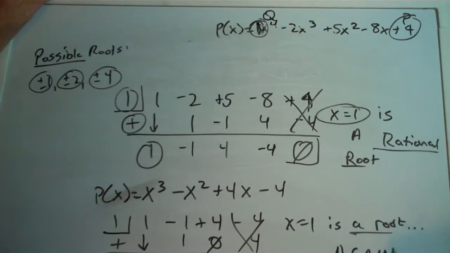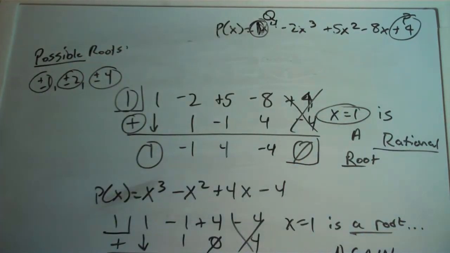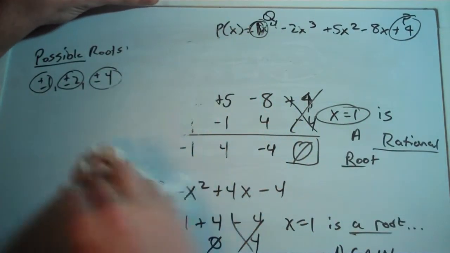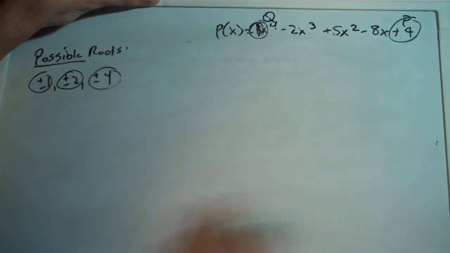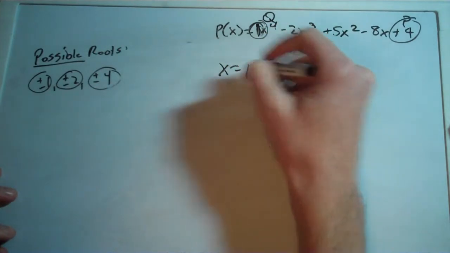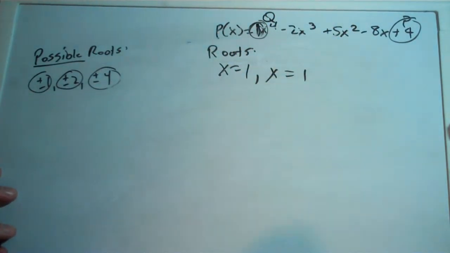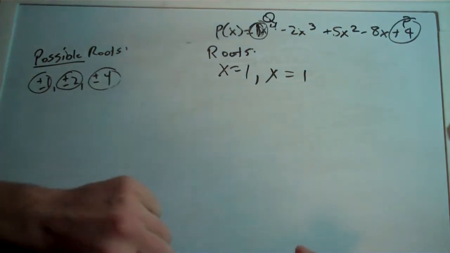Again. So there are 2 roots of x equals 1, which gives us multiplicities, which I'll explain later. The important thing to remember is that x equals 1 is a root of this polynomial twice. So we can write here, roots: x equals 1 twice. x equals 1 is a root twice.